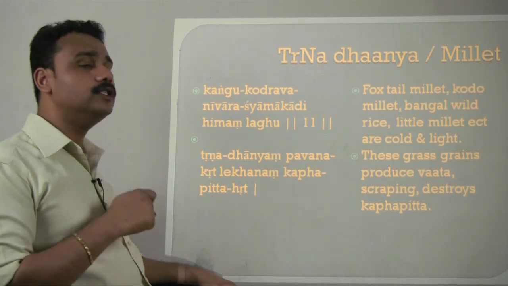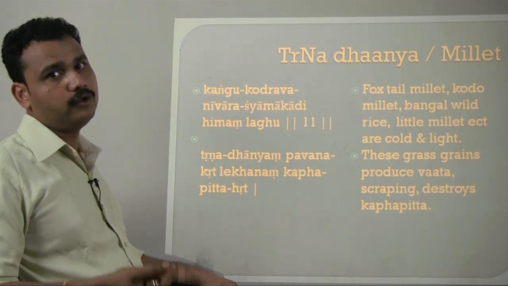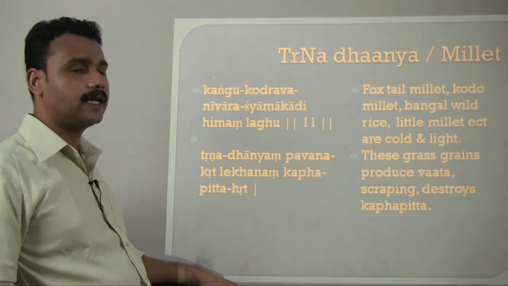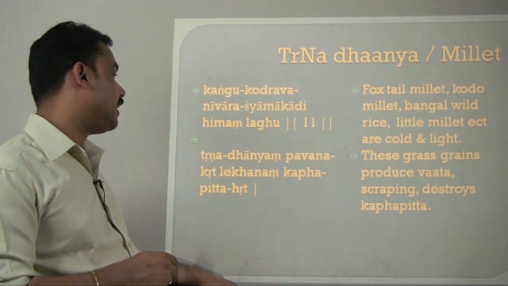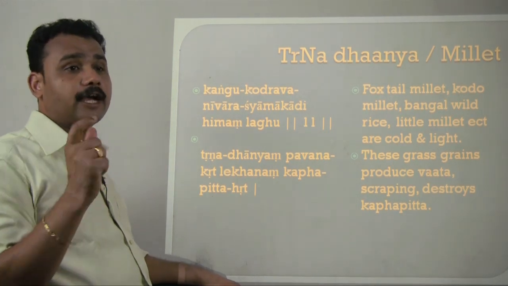These grains once you consume can produce gas. When you eat this, it can slightly produce gas. It's not so good for Vata and Vata related complaints, but otherwise Leghanam is a very important action.